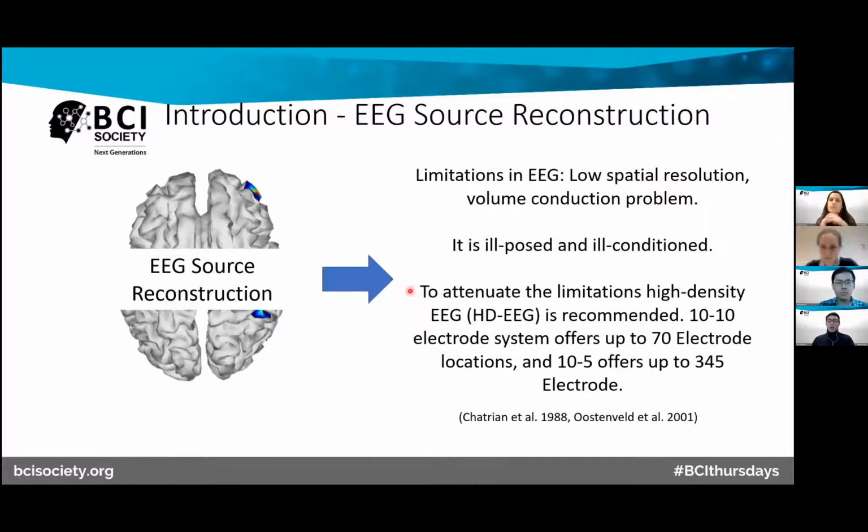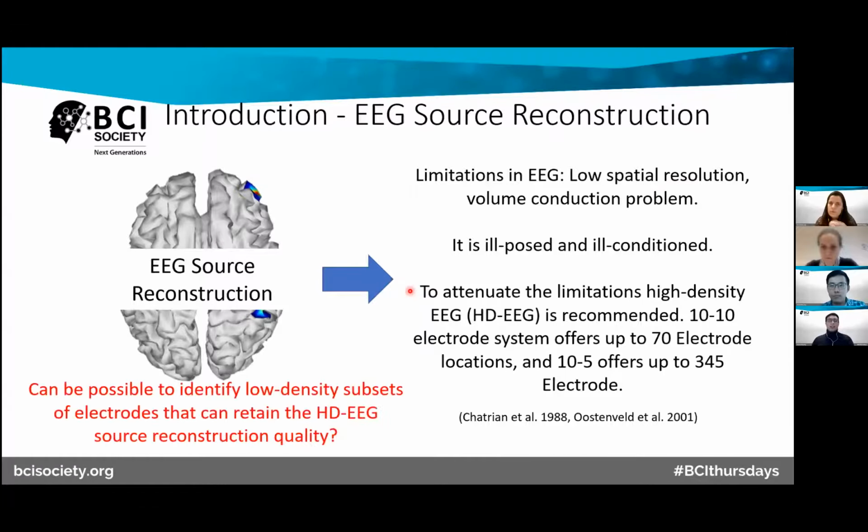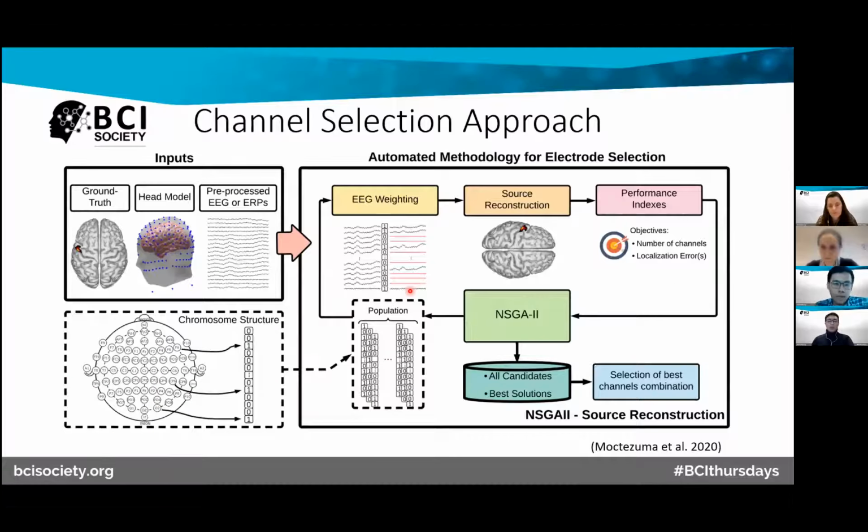So what we would like to evaluate here is whether it's possible to identify subsets of electrodes that can retain high density source reconstruction quality. In that direction, we propose a channel selection approach based on ground truth activity and using the EEG activity. So we combine source reconstruction with channel selection.